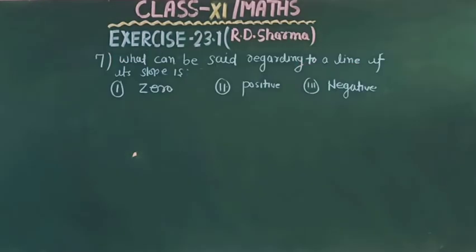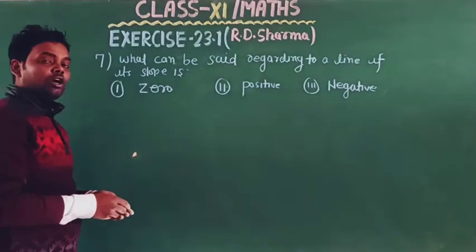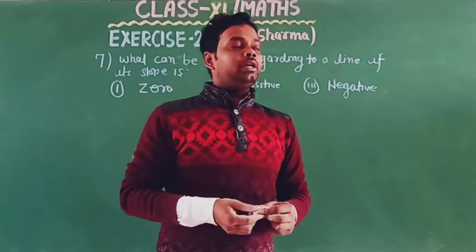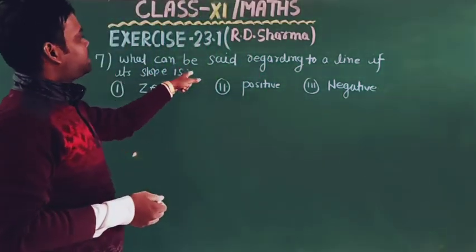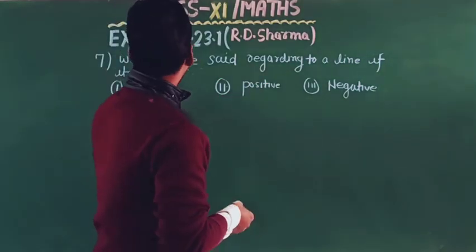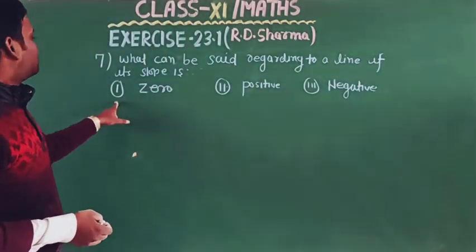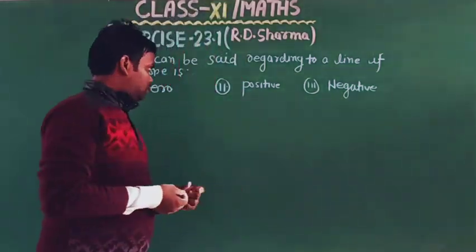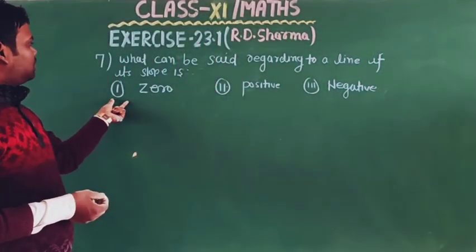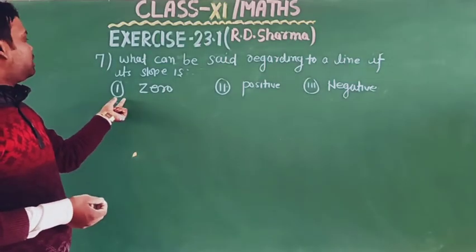Now further move to question number 7. In this question we have to say what can be said regarding a line if its slope is 0, positive, or negative. The first is when its slope is 0.